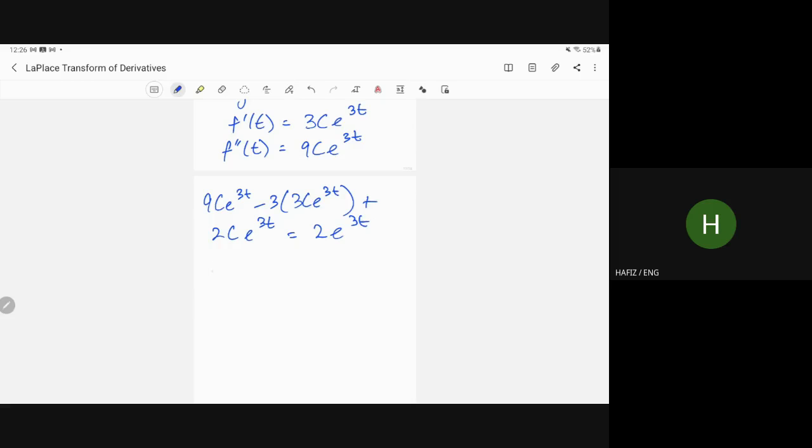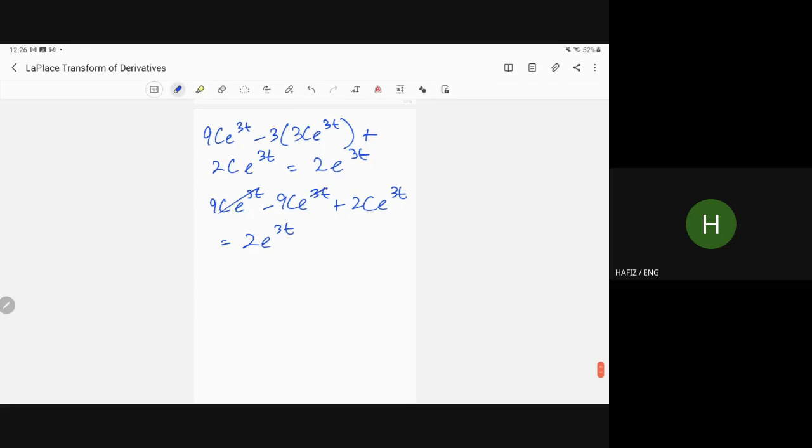So you divide all of this by e^(3t). So this one cancels out. 2C = 2, which means C is equal to 1.